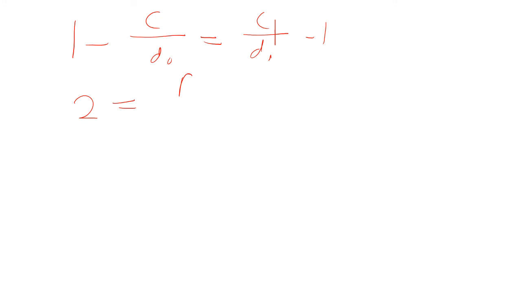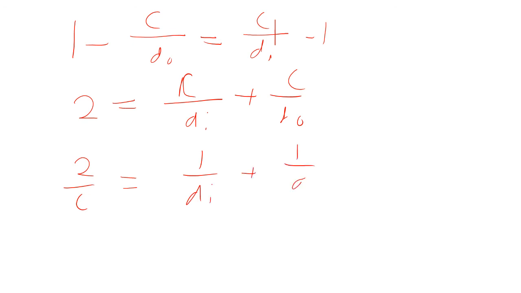Okay. So again, 1 minus C over DO equals C over DI minus 1. Okay, do some algebra. 2 equals C over DI plus C over DO. 2 over C is 1 over DI plus 1 over DO.